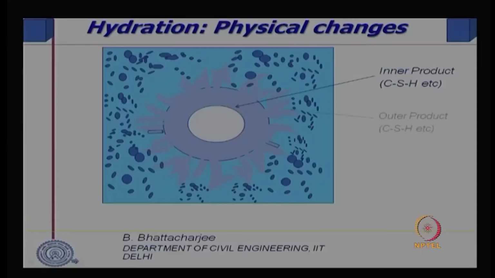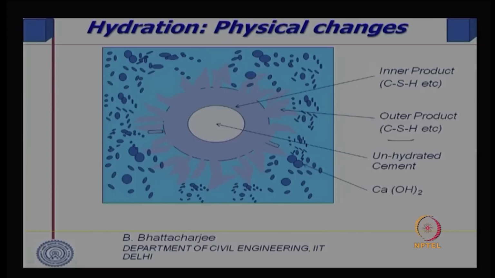Some product will be produced within that zone where the original cement was, and some product will be formed outside this, which we call outer product. Now, the outer product obviously will have CSH, but it will also have some calcium hydroxide.